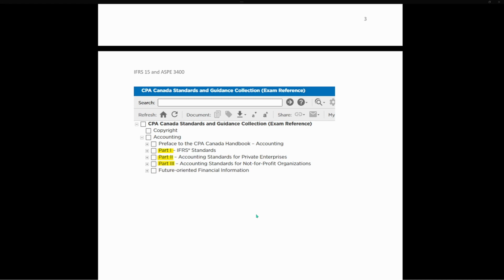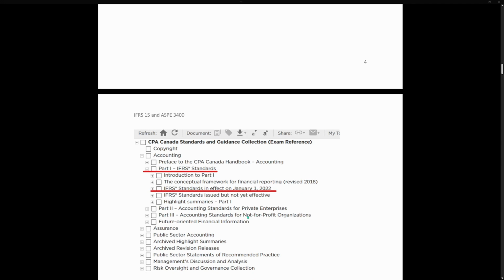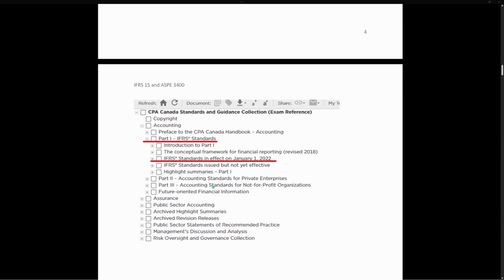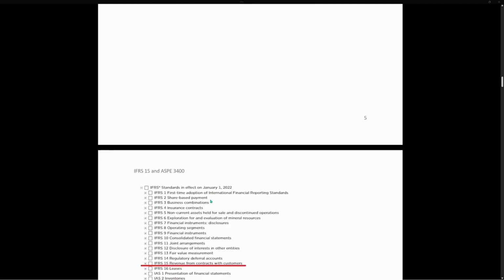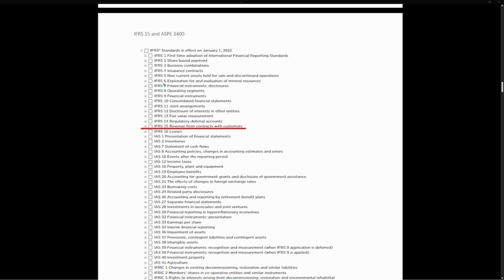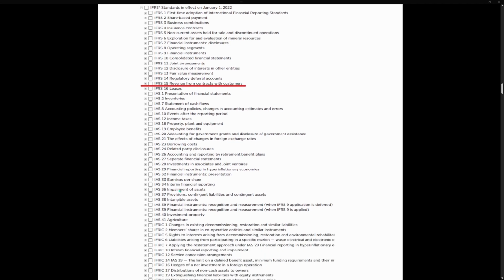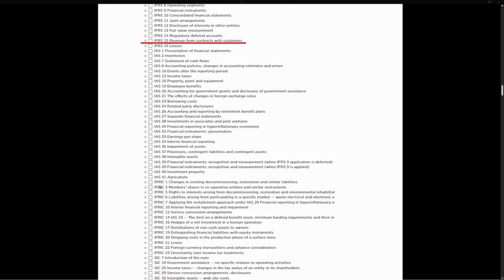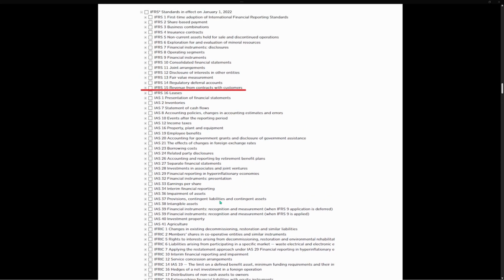I saw that some people not in the CPA school got confused about what ASPE is and which companies can follow ASPE. When you click on part 1, IFRS standards, you will see IFRS standards in effect on January 1st, 2022. When you click on this section, you will see IFRS sections, IAS, IFRIC sections, and SIC sections.